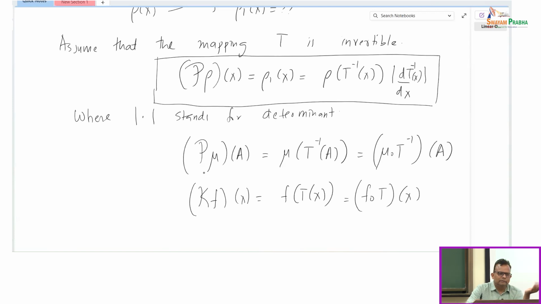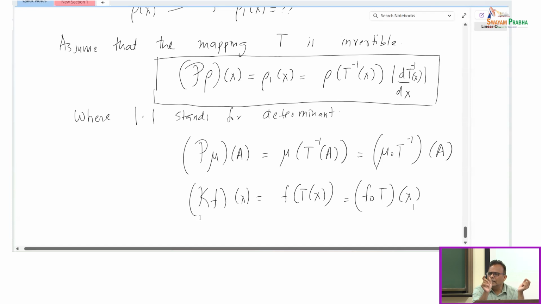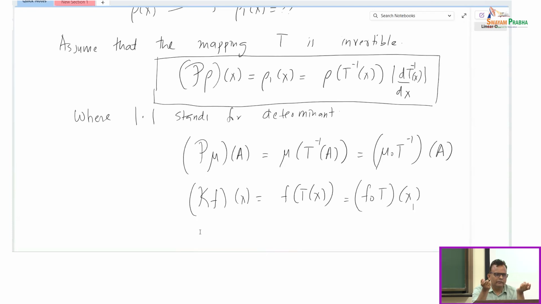The most common example of a measure will be the Lebesgue measure, right? If you are on the real line and you take any interval, the Lebesgue measure of the interval is the length of the interval, right? Now, if you are in a two-dimensional plane and I give you any set, the Lebesgue measure of the set will be the area of that set, right?